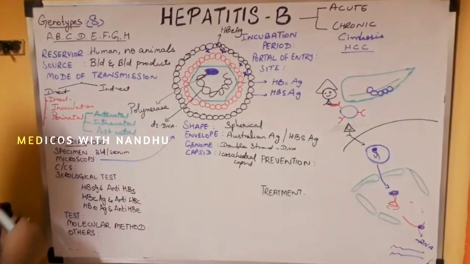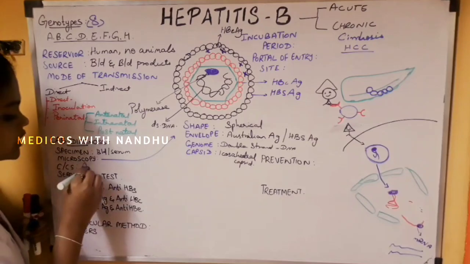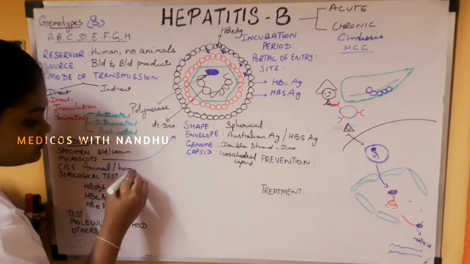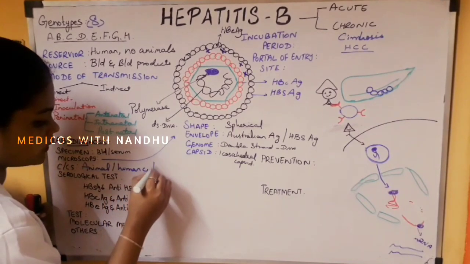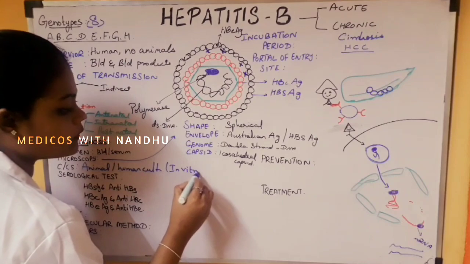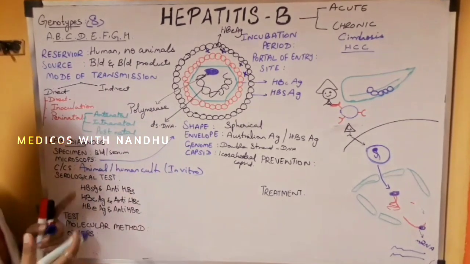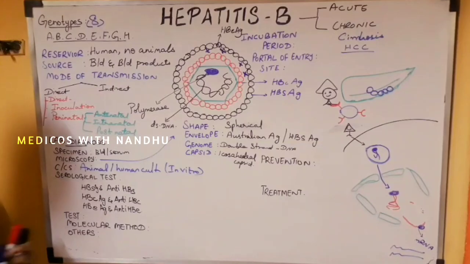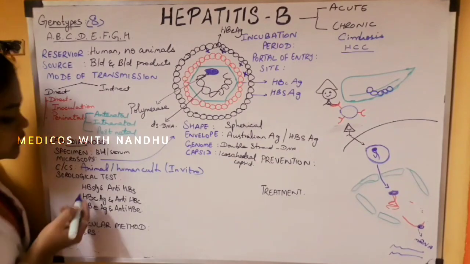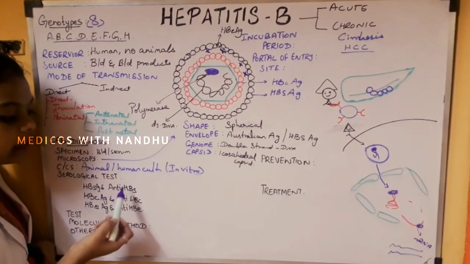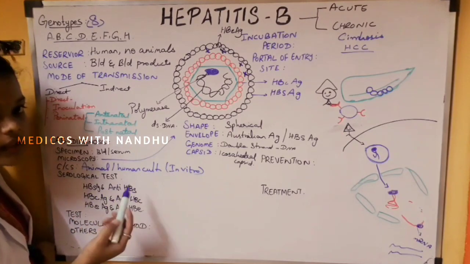And coming to cultural characteristics, we have animal culture and human culture. In vitro, in the lab, the culture can be done. And serological tests are the main ones. So the hepatitis B surface antigen and anti-hepatitis B surface.